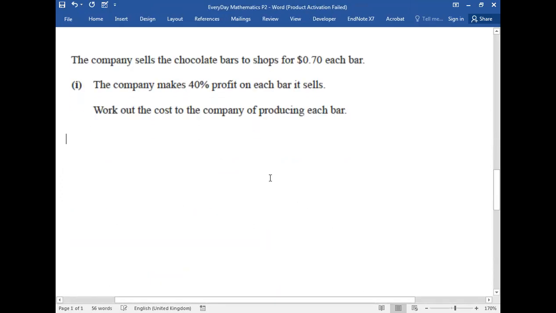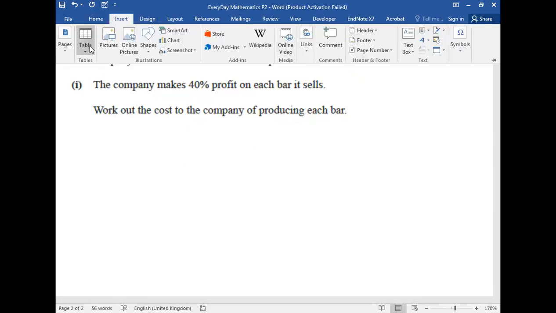The company sells the chocolate bars to shops for $0.70 each bar. The company makes 40% profit on each bar it sells. Work out the cost to the company of producing each bar.